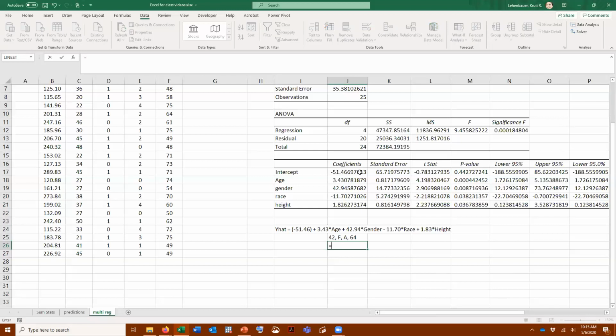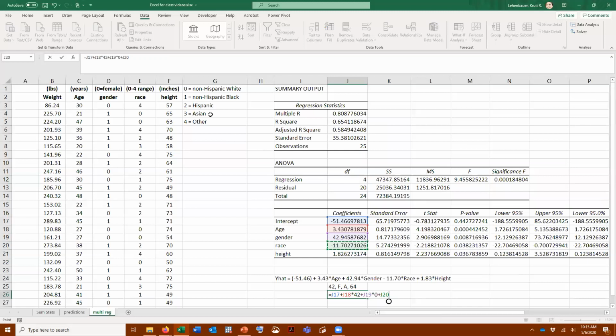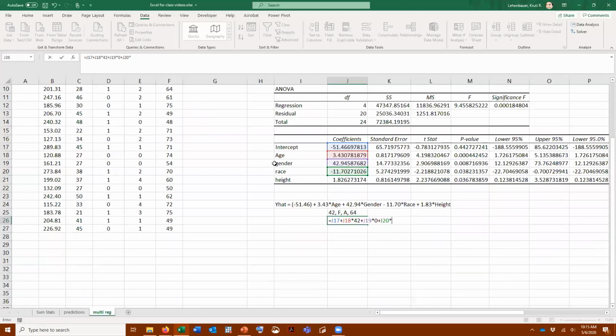So how do I calculate the y hat value now? Well, I'm going to say this number, the intercept, plus this number multiplied by 42 years old, plus this number multiplied by 0, because the person is a female and female is represented by a 0, plus this number multiplied by 3, because the person is Asian and the representation for Asian is 3, plus this number multiplied by 64 inches tall.